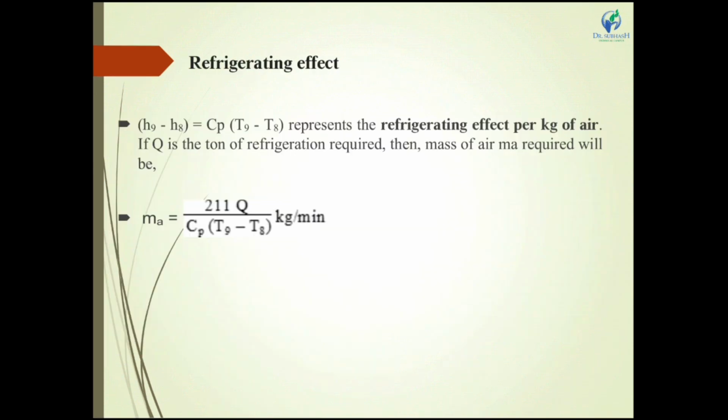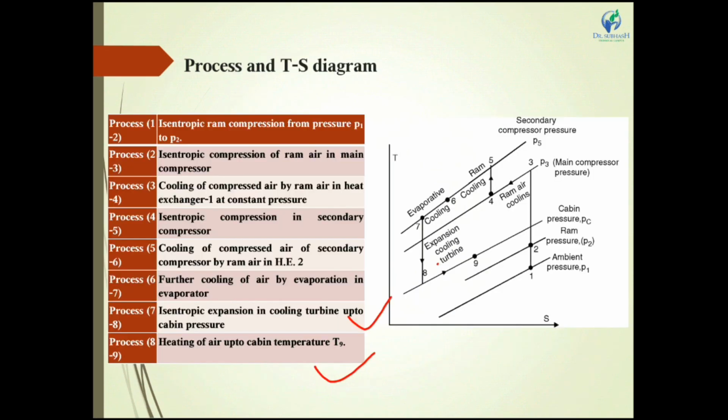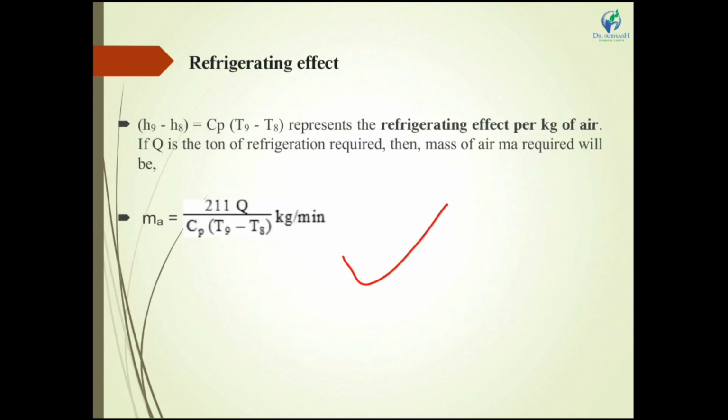All the cycle process parameters are the same. We write the net refrigeration effect for bootstrap air refrigeration with evaporative cooling as mass flow rate equal to 211 Q divided by Cp times the temperature difference of the refrigeration effect, T9 minus T8, in kilojoules per minute, meaning higher temperature minus lower temperature.